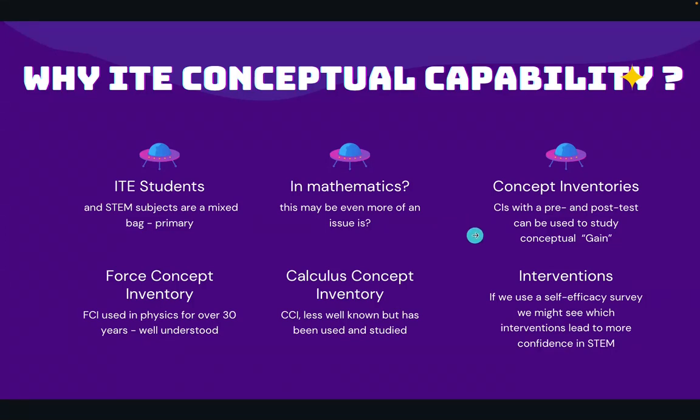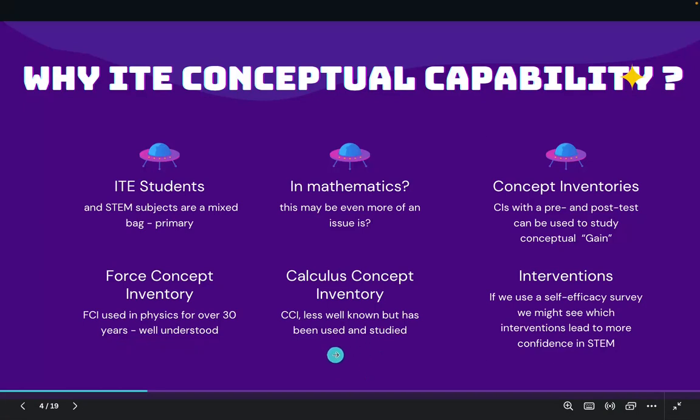Concept inventories, CIs for short, with a pre-test and post-test, can be used to study conceptual gain. And that's the basic tool we will use, or we hope to use. For example, the force concept inventory has been used a great deal for the last 30 years in terms of physics and Newtonian mechanics.